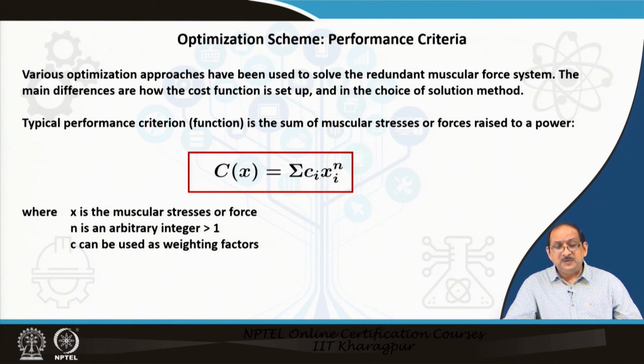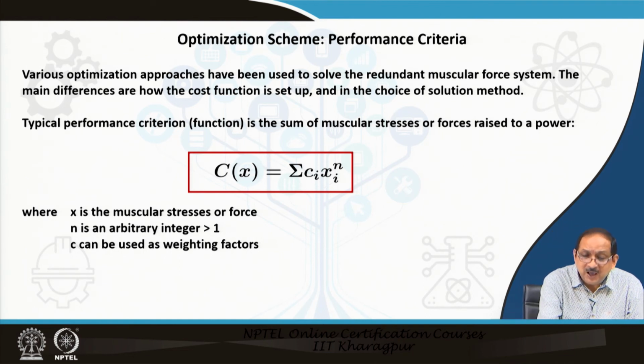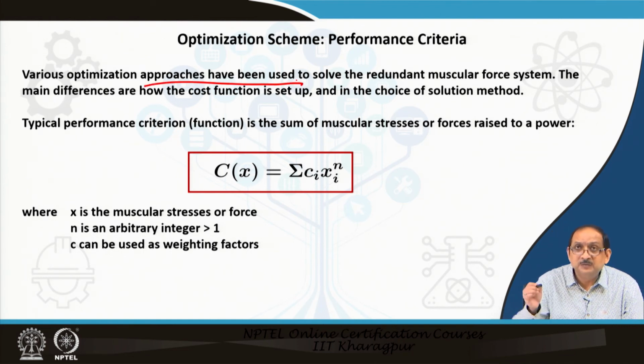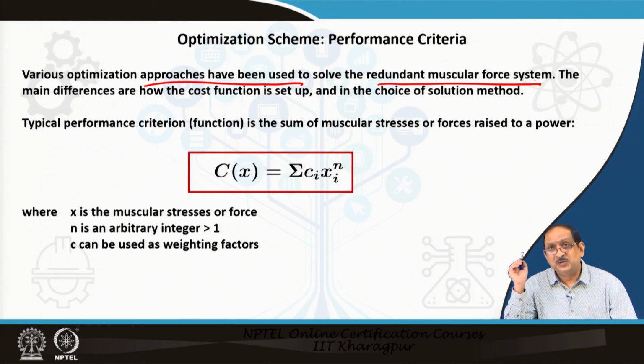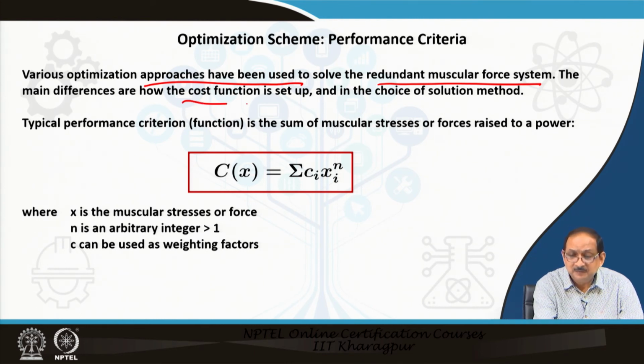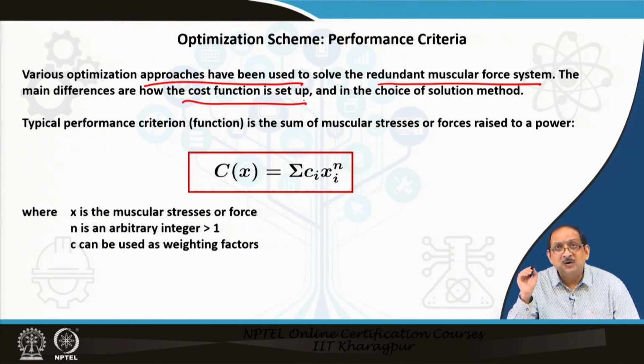Now, various optimization approaches have been used over the years to solve the redundant muscle force or muscular force system. The main differences are how the cost function is set up and in the choice of the solution method.